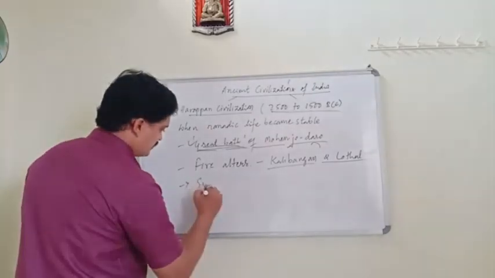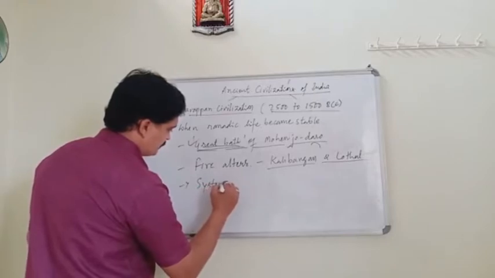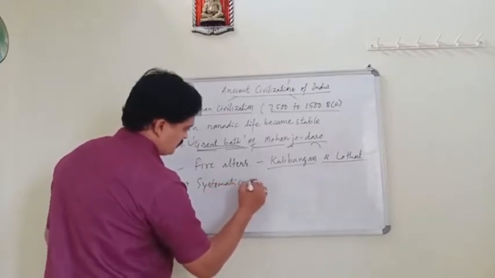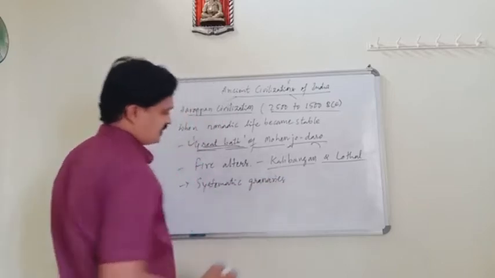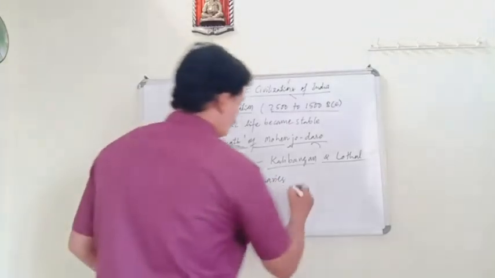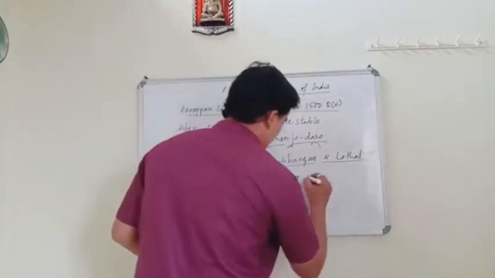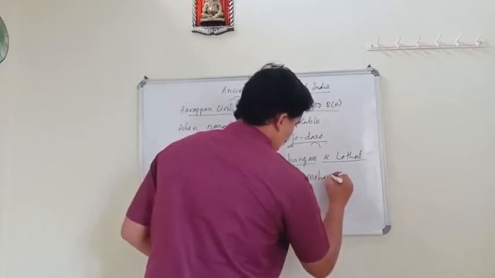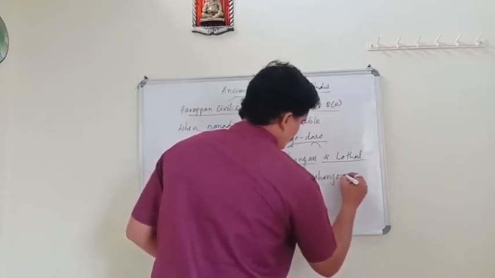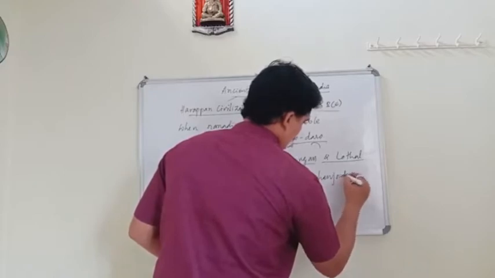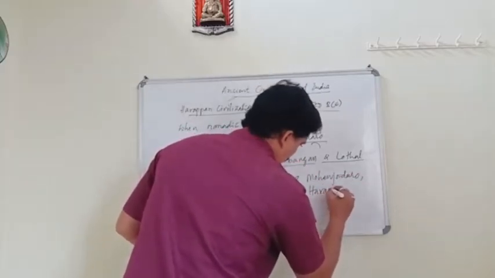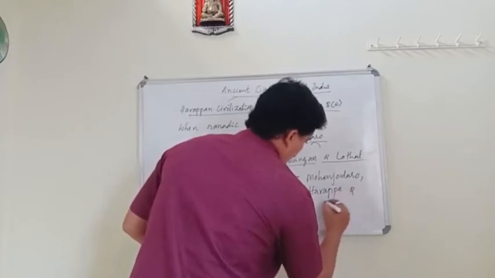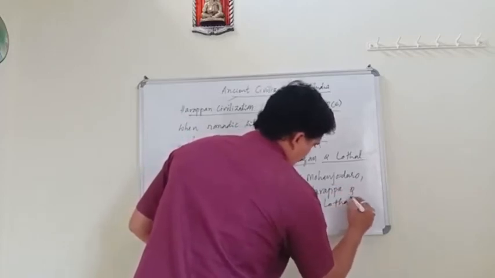And one more important thing, the systematic granaries. We found systematic granaries in the places called Mohenjo-daro, Harappa and Lothal.